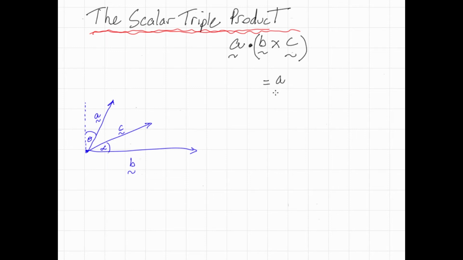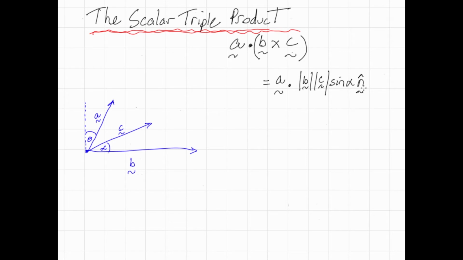A dotted with, now by definition, B cross C is the absolute value of B, absolute value of C, sine of the angle between the two, the sine of the angle is alpha, a unit vector perpendicular to both B and C, which is N, and this is B cross C. This is a vector because you've got a scalar, scalar, scalar, and this is a vector.